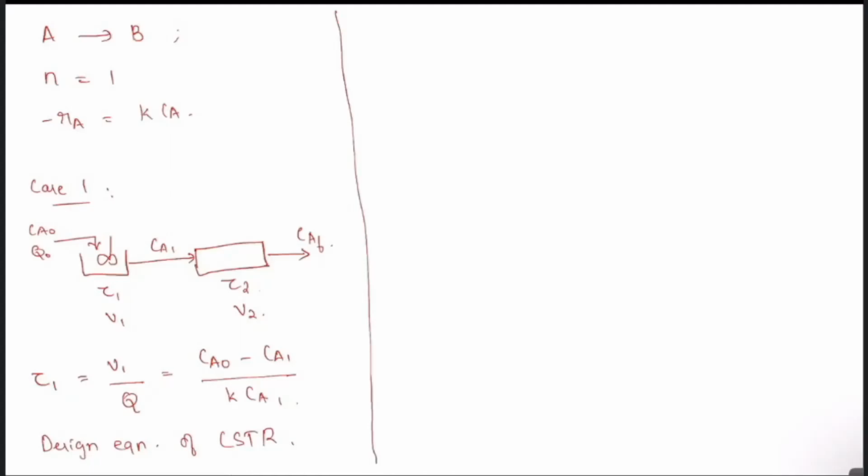Now if we write the design equation of PFR, tau2 will be equal to integral of CA1 to CAF of minus dCA by minus Ra, and minus Ra will be k CA. So this will be the design equation of PFR.